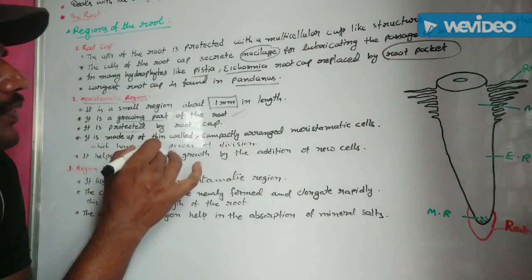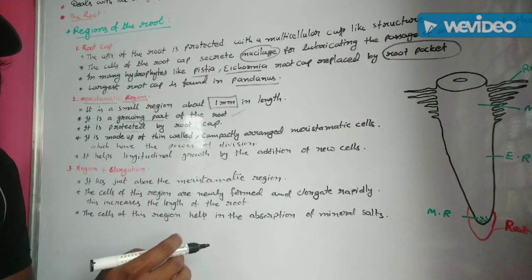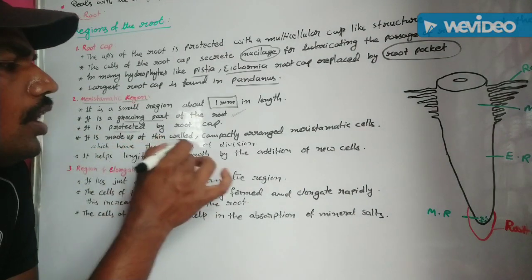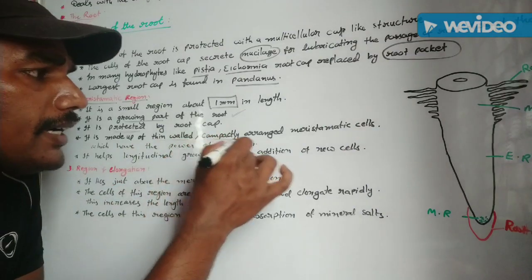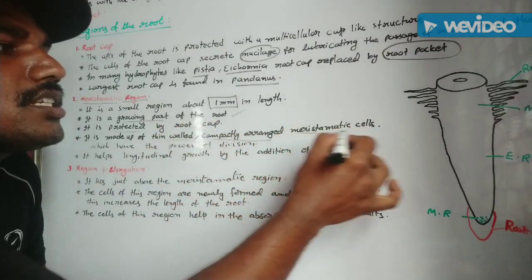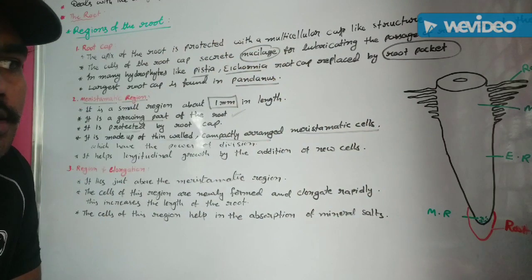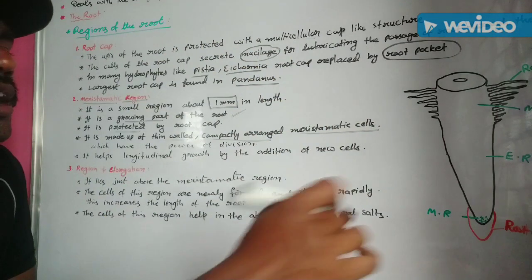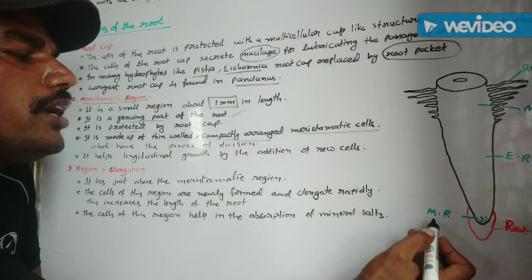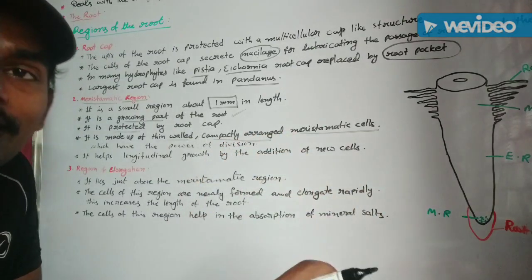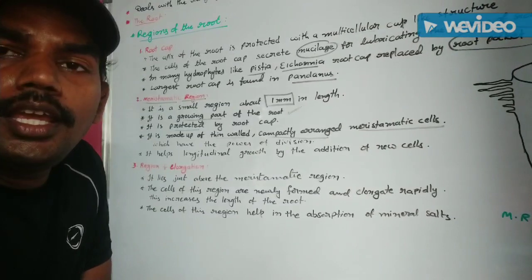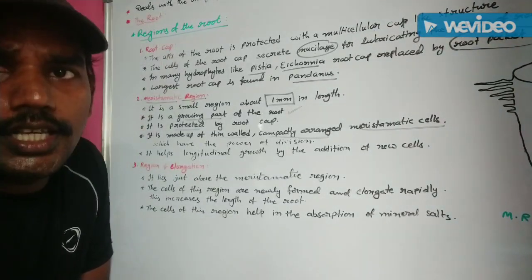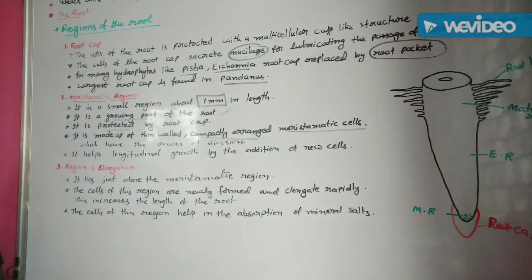It is made up of thin-walled, not thick-walled, and compactly arranged meristematic cells. These are very, very important.